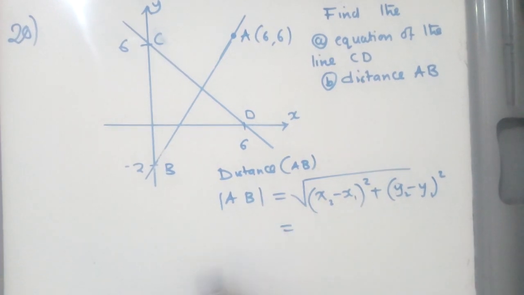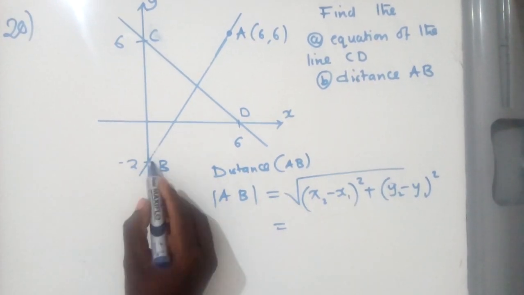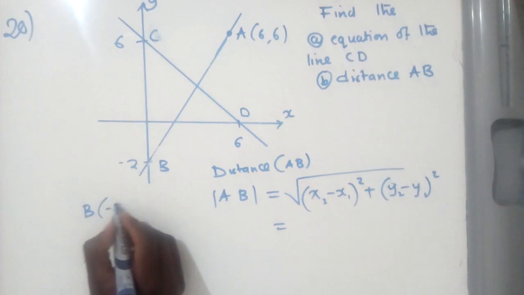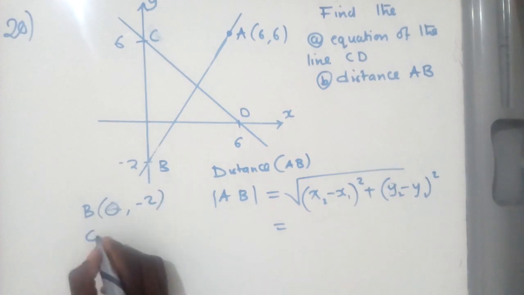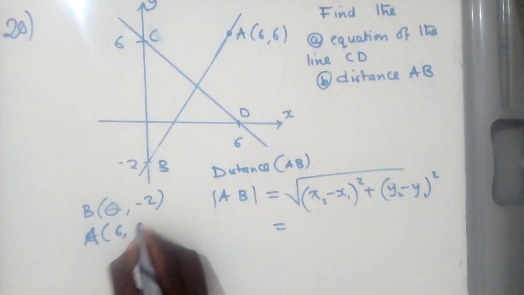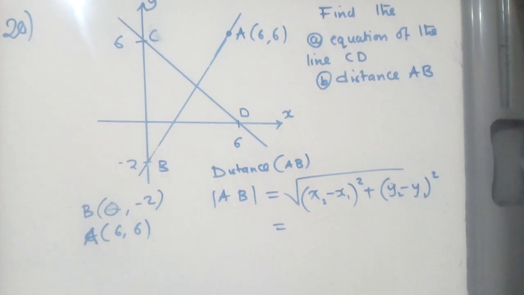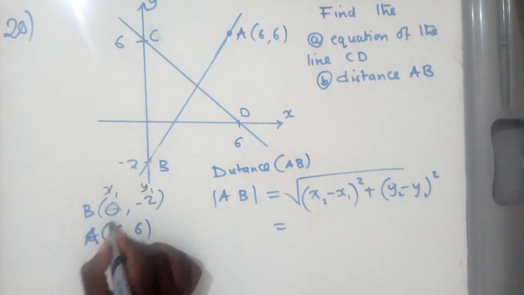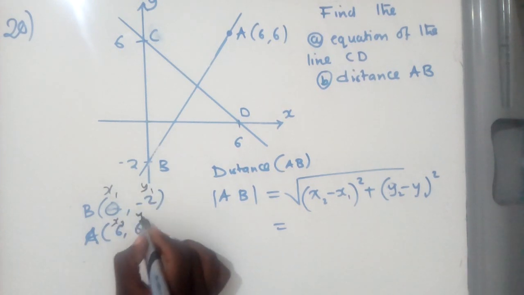Now here we need to pick the coordinates. At B we have (0, -2). At A, here we have (6, 6). Luckily we have been given the coordinates. So we can say this is x sub 1, y sub 1, and x sub 2, y sub 2.